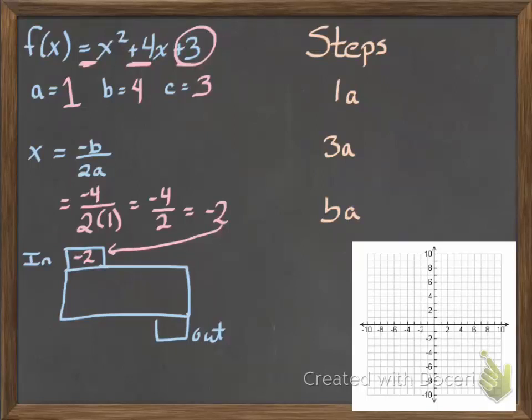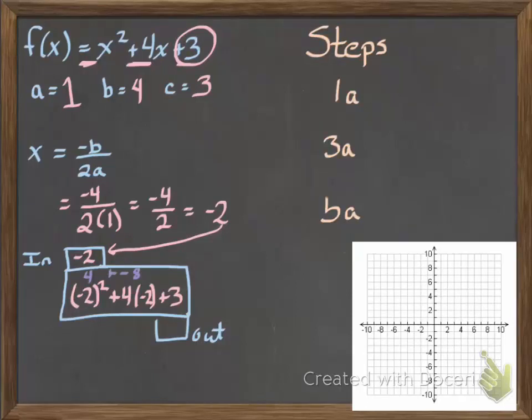And so our equation is our input squared plus 4 times our input plus 3. And so in this case, our input is negative 2. So negative 2 squared is the same thing as 4. 4 times negative 2 is a negative 8.